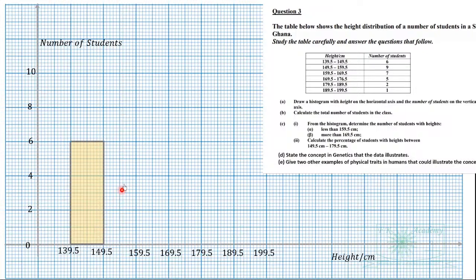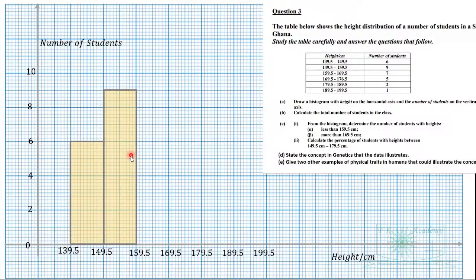So the next one is having 9. The number of students is 9. So this is 8, this is 10. So 9 is in between 8 and 10. So we draw the bar so that the height will be 9.